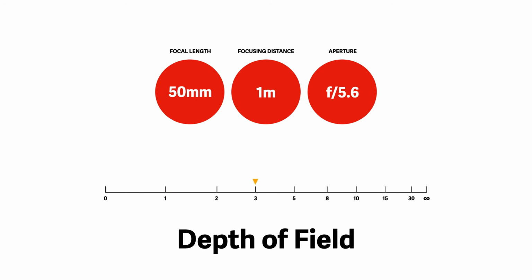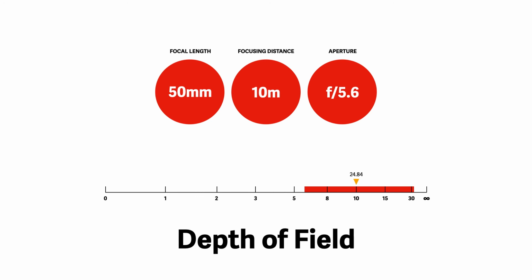If we change the focusing distance to 3 meters, the depth of field increases to 1.25 meters deep. If we focus even further to 10 meters, the depth of field goes up to 24.84 meters. As we see, the depth of field varies with distance.